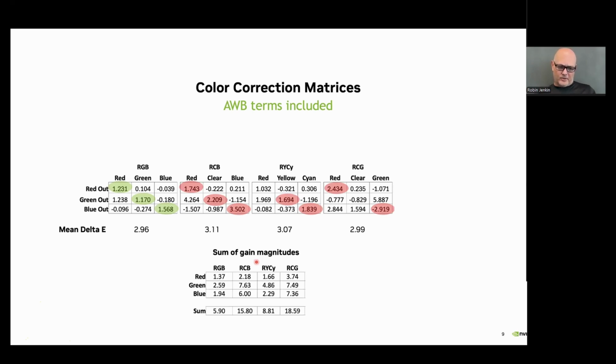So the center of the colors isn't very pure. And then also, if we look at the off-diagonal terms, a lot of them are much higher than the RGB coefficients as well.